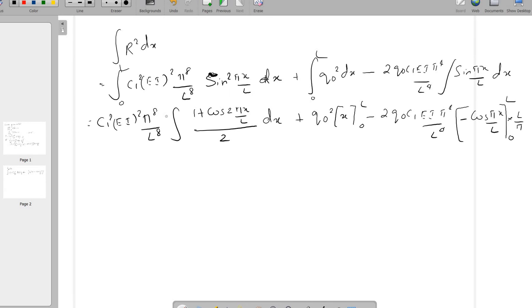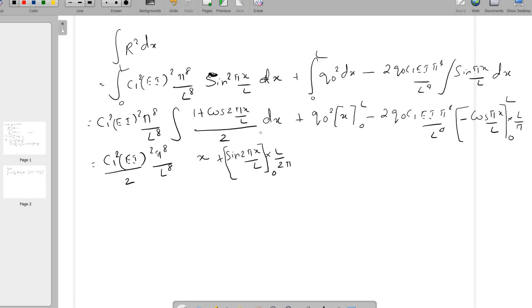So I am taking 1 by 2 outside: C1 square ei the whole square pi power 8 by L power 8 by 2. If you integrate 1, it is x. If you integrate cos 2 pi x by L, it is sin 2 pi x by L into L by 2 pi.